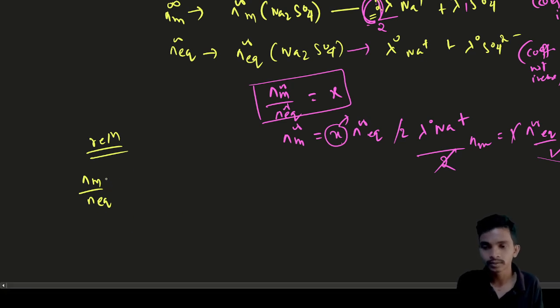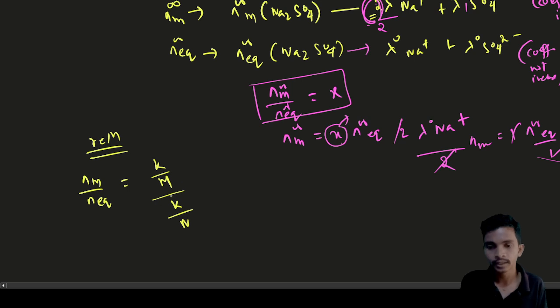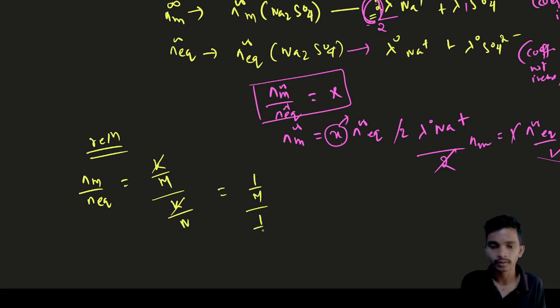We know that molar conductance is kappa upon M, and equivalent conductance is kappa upon N. The kappa cancels, so this is going to be 1 upon M and 1 upon N, which gives N by N upon M.